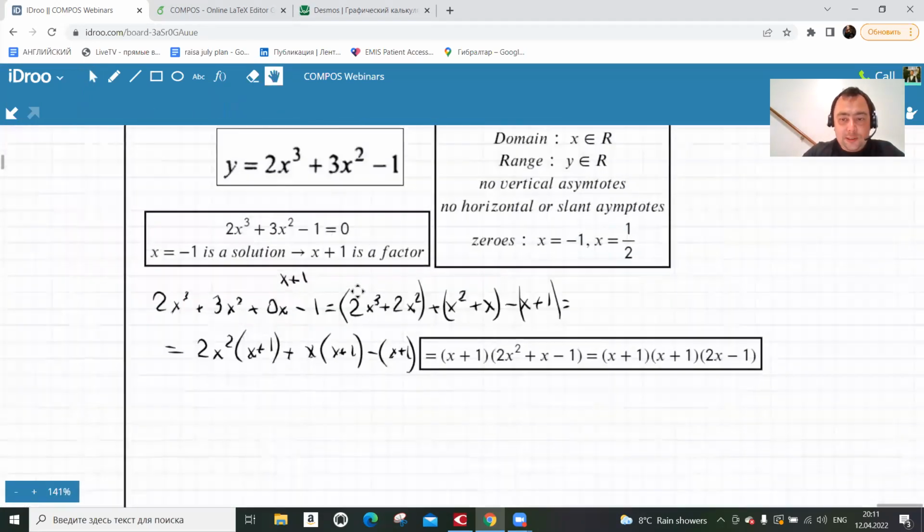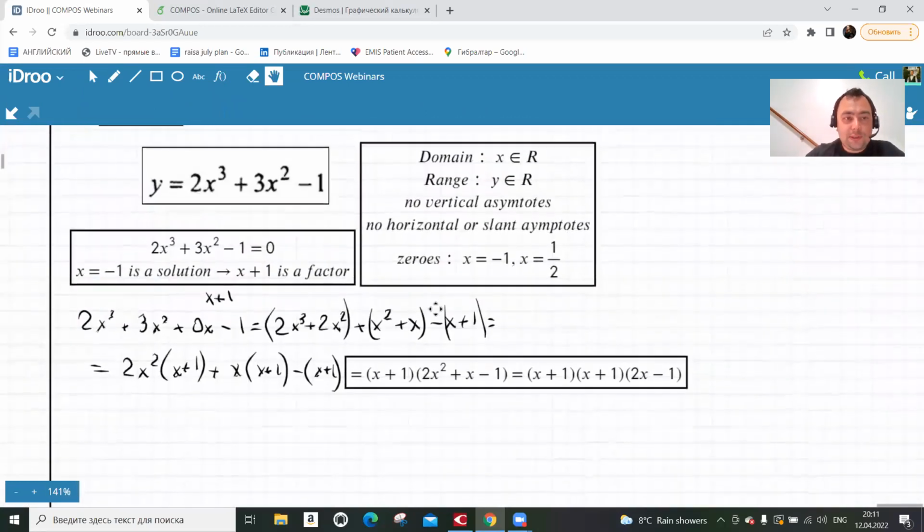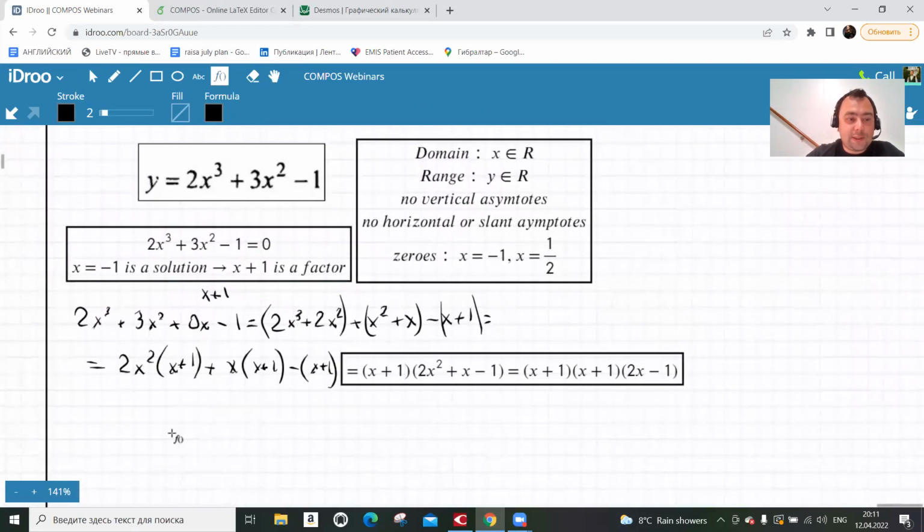Now we're interested in the critical points or the extreme points. This is where the derivative is 0.